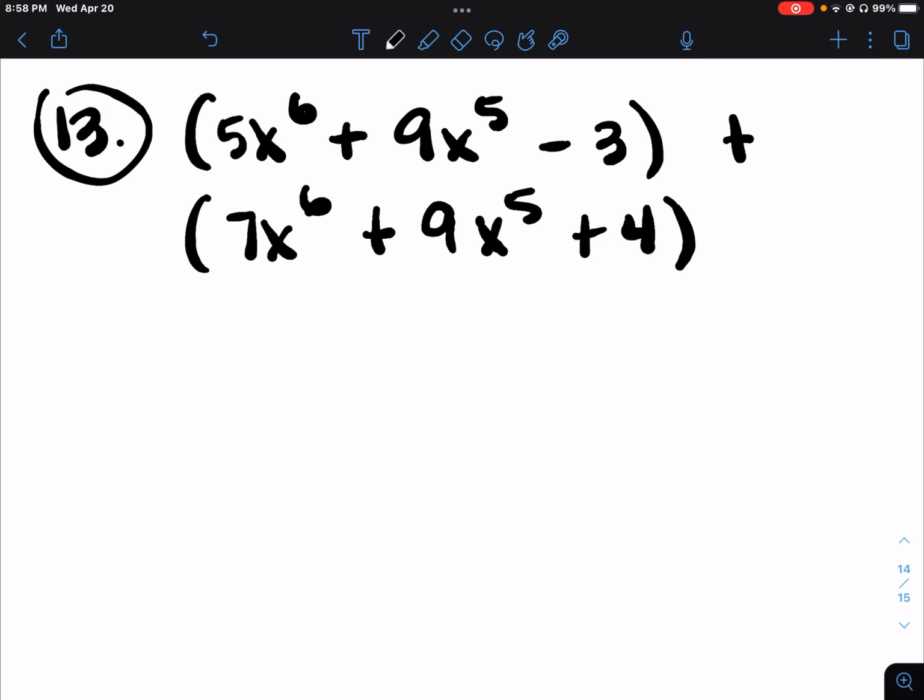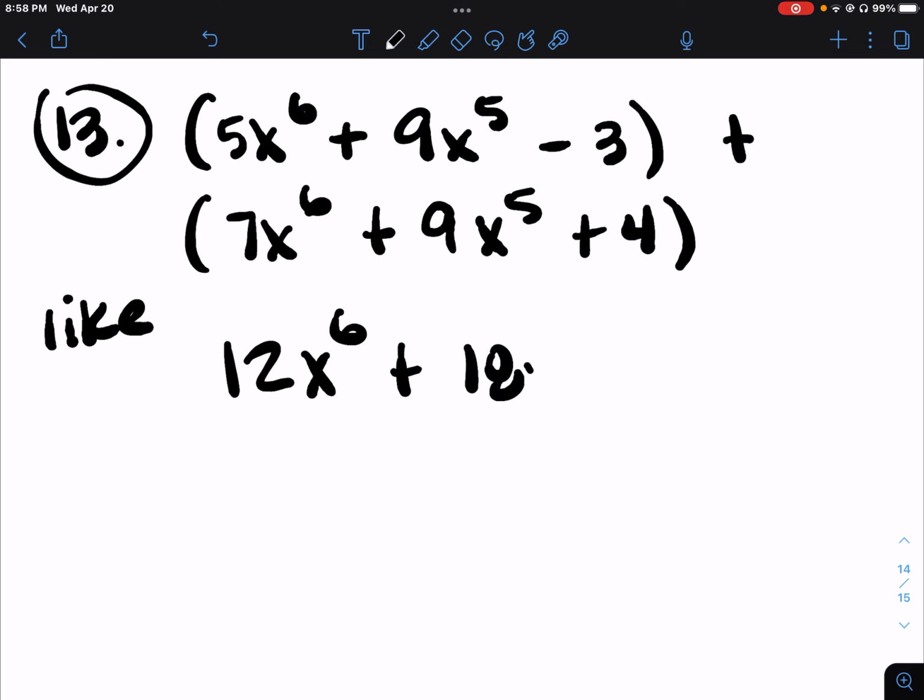We're adding, so we're going to add the like terms. 5 plus 7 makes 12, x to the 6th. Remember, dollars plus dollars, dollars. x to the 6ths plus some more x to the 6ths. 9 plus 9 is 18. And 4 minus 3 is 1.